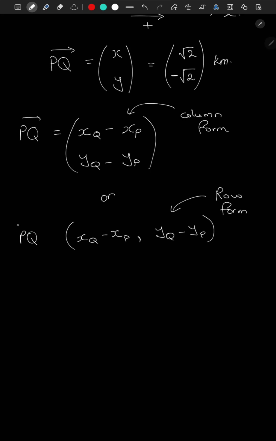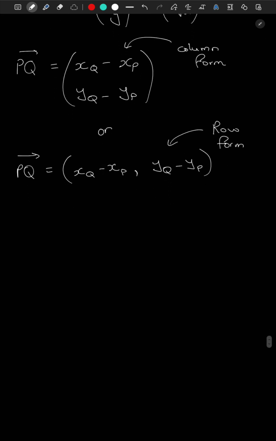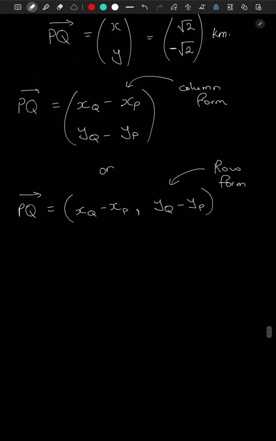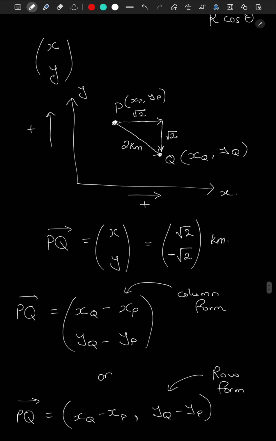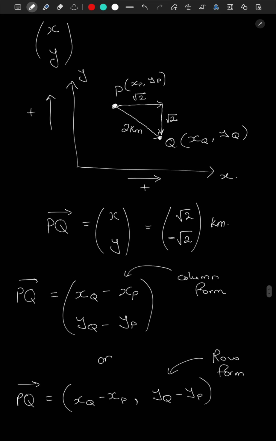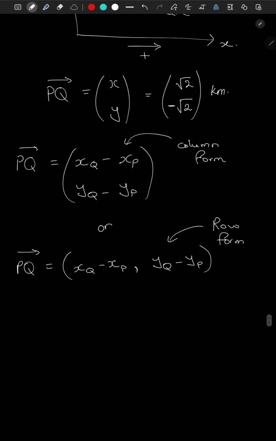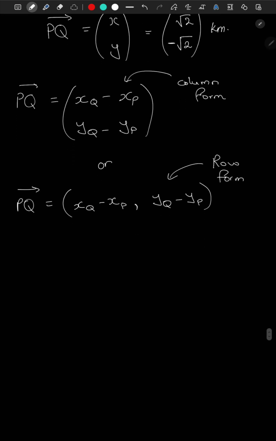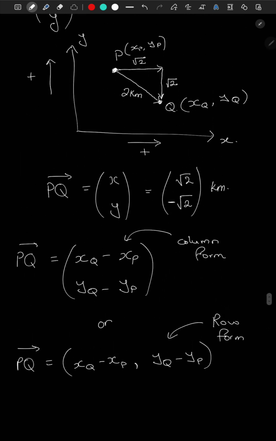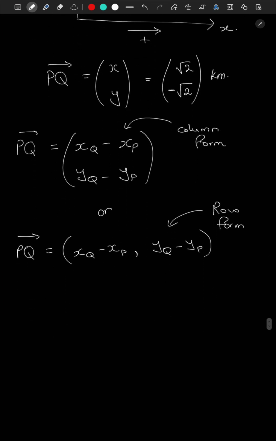Okay, this is a vector PQ. So the coordinates of P is xp, yp. The coordinates of Q is xq, yq. Therefore, we have to take xq minus xp to get the x coordinate of the resultant vector PQ, and then we do the same for the y component.